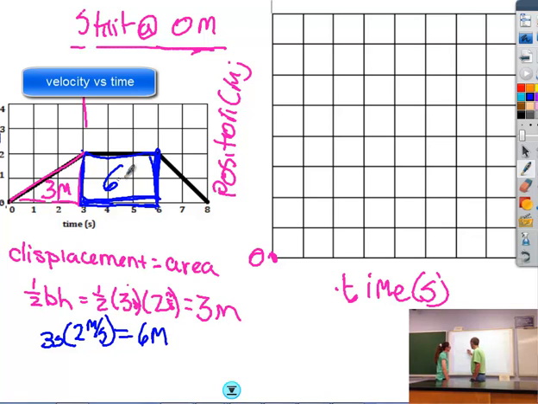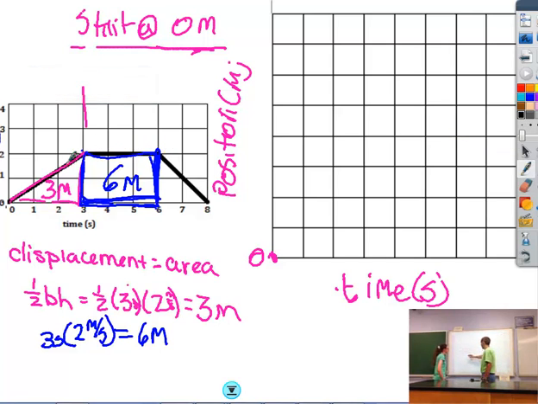So in this next 3 seconds, we traveled 6 meters. And I also do it at a constant rate, so it's going to look a little bit different. The first one is curvy, this one is constant. So I'm going to put up here constant, and that first one is speeding up.